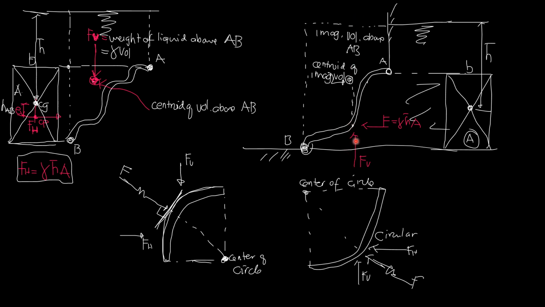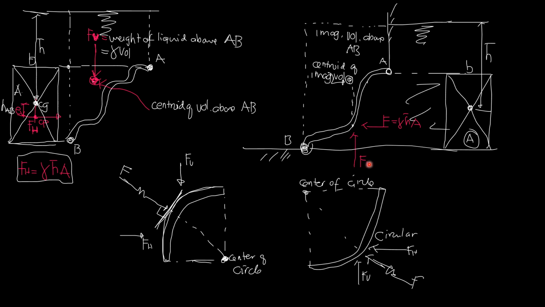And that FV is equal to the weight of imaginary liquid or real liquid above curve AB up to the liquid surface. There's no liquid surface here, but we just extend this part. This is an imaginary liquid above AB. And the important thing is FV is upward.